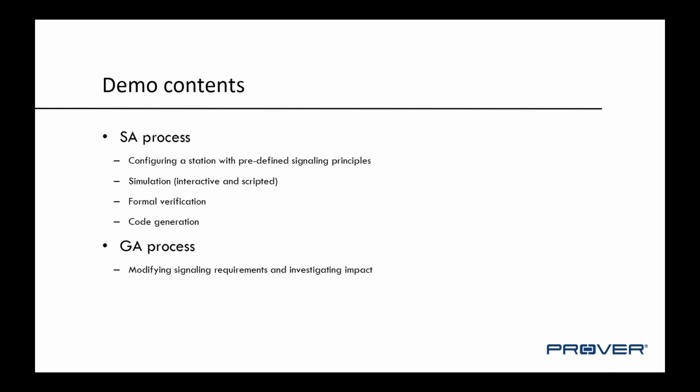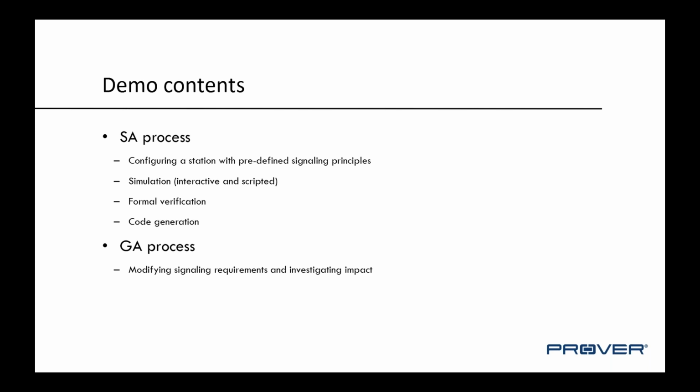So we will start by configuring a station in this Prover tool, but we will not do the full process, of course, of defining all the requirements. So we will start with something that already exists, what we call predefined signaling principles.